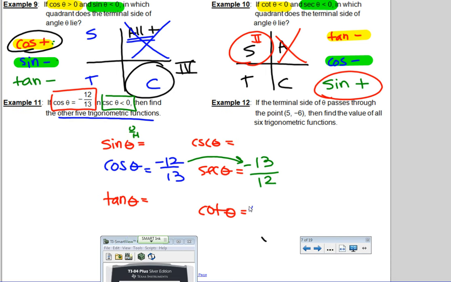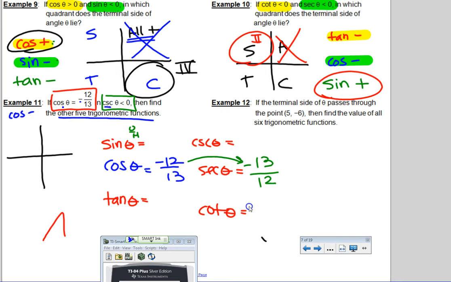So your first question is, draw a triangle, but most importantly, where is that triangle? So this is where questions 9 and 10 that we just did come into play. I have clues that tell me where my triangle is located, because not all triangles are going to be located there. That's not where all triangles are. So where is this triangle? Well, cosine is a negative 12/13. That means cosine is negative.